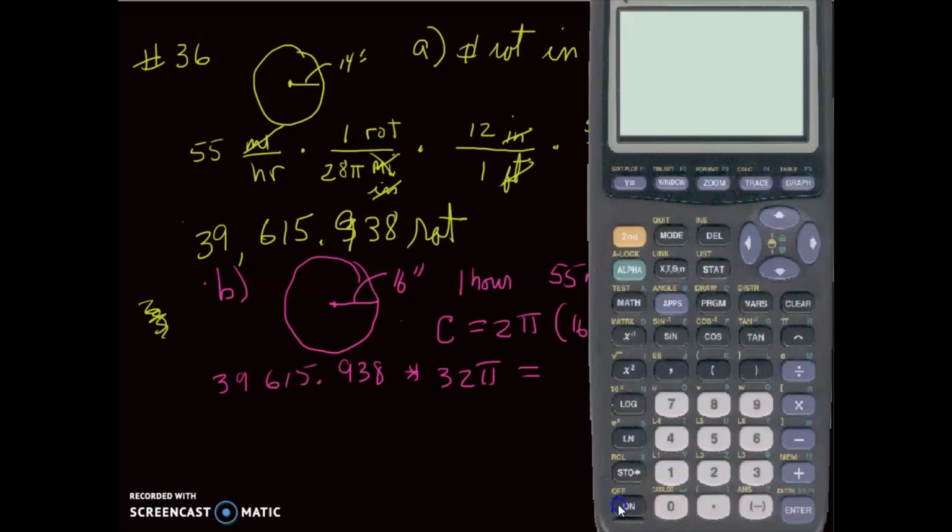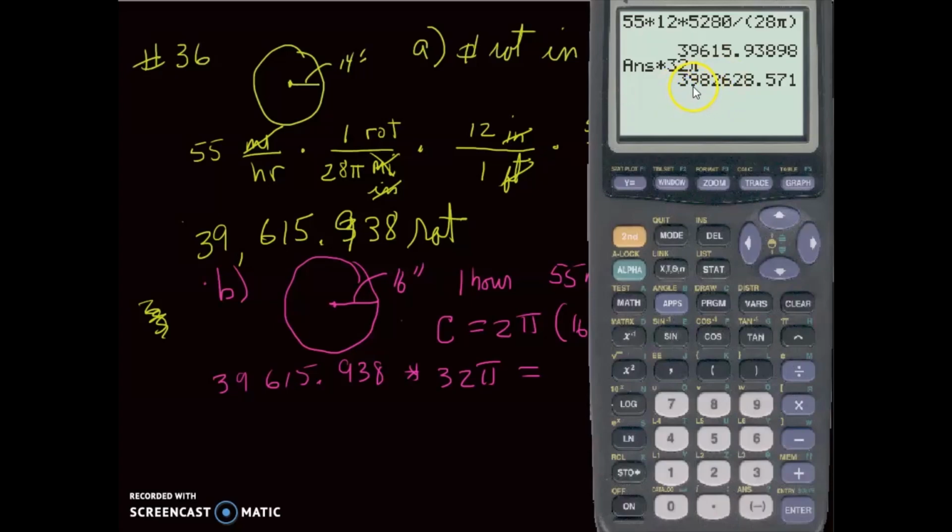We get that number we just calculated times 32 pi. Now this is the number of inches. I don't really want to write that down. We're running out of time again.